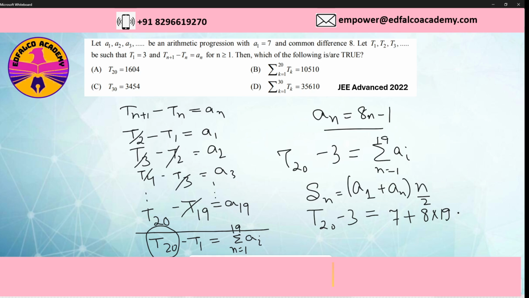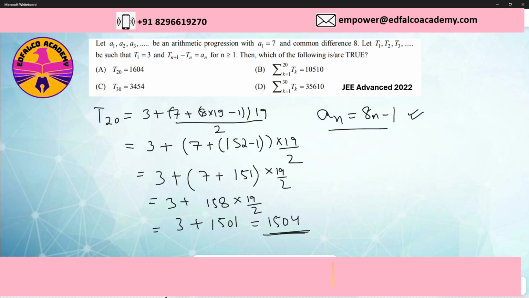So we are utilizing this expression for an, and then into 19 by 2. तो अब जब T20 का एक्सप्रेशन पता चल गया तो we can directly solve for T20 by putting the values. So on solving, after putting all the values, you will get 1504, which is not the value that is given. So option A is wrong.